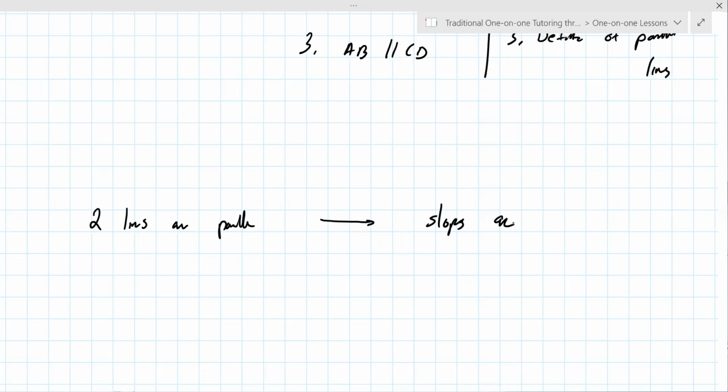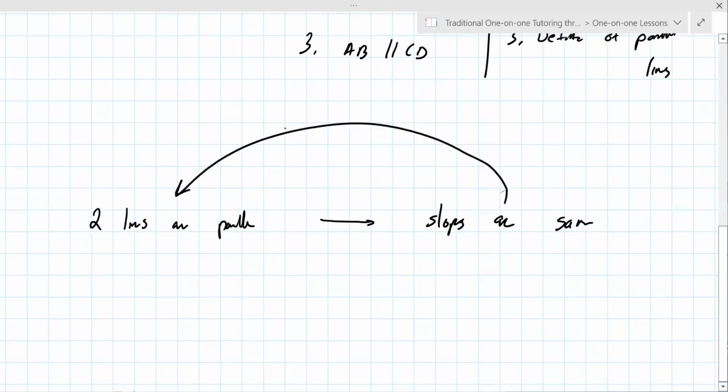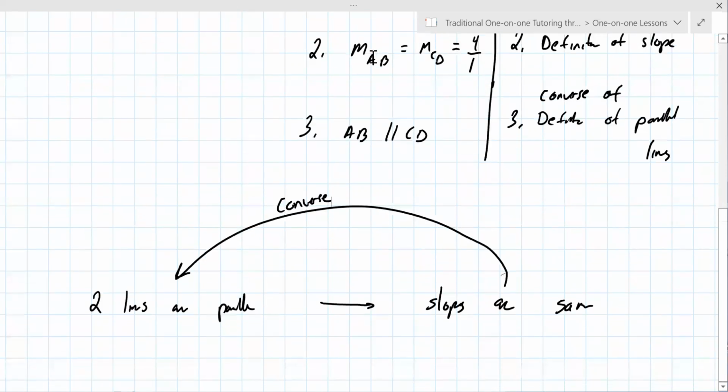Okay, I'm back. So if the lines are parallel, the slopes are the same, right? Mm-hmm. So when you want to go backwards, it's called the converse. Because we already know that the slopes are the same.